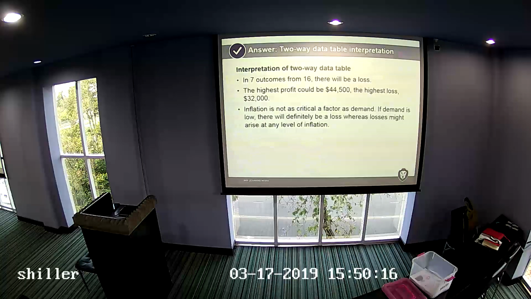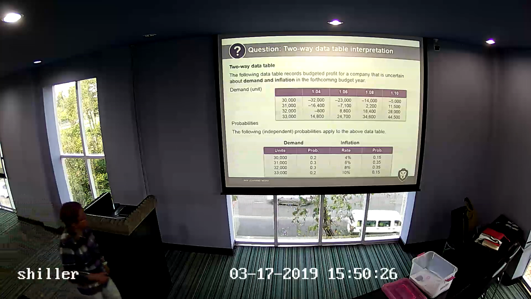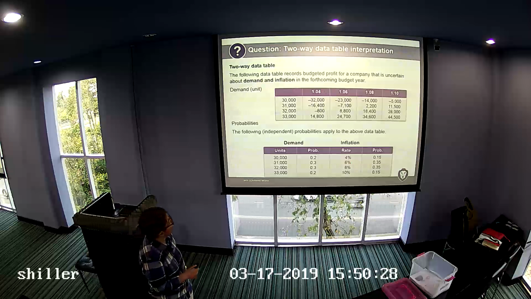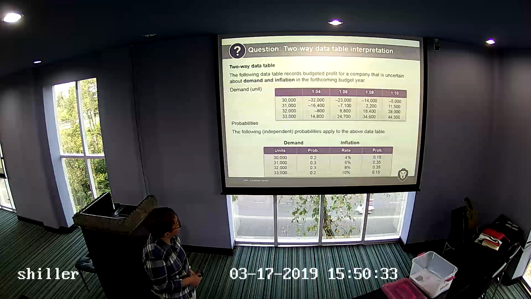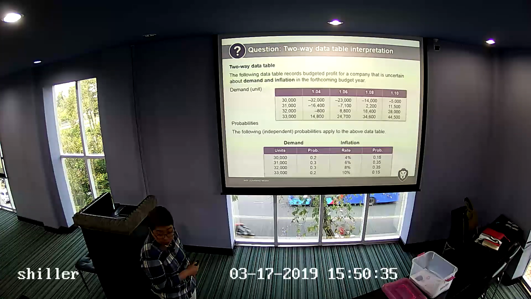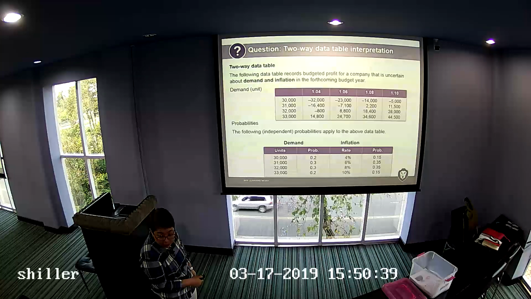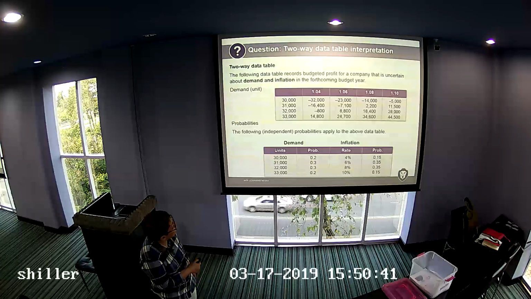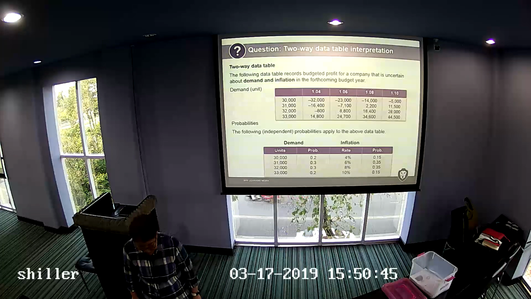Do you have the probabilities there? Yes, the probabilities are given, right? So remember, the inflation rates are 1.04, 1.06, and a 4% inflation has a 15% probability. You understand? So 1.04 has a 0.15 probability.